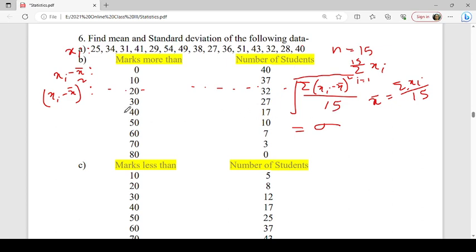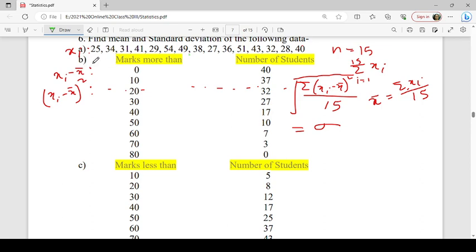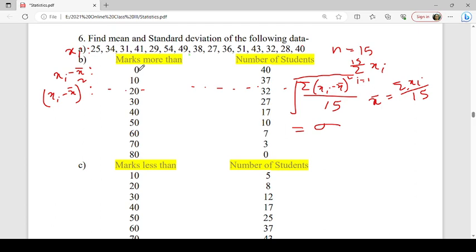Now for grouped data, number b. It is grouped data, but here you are not given class intervals. It is written marks more than, and number of students. Marks more than means, you see, above 0, more than 0, we have 40 students.